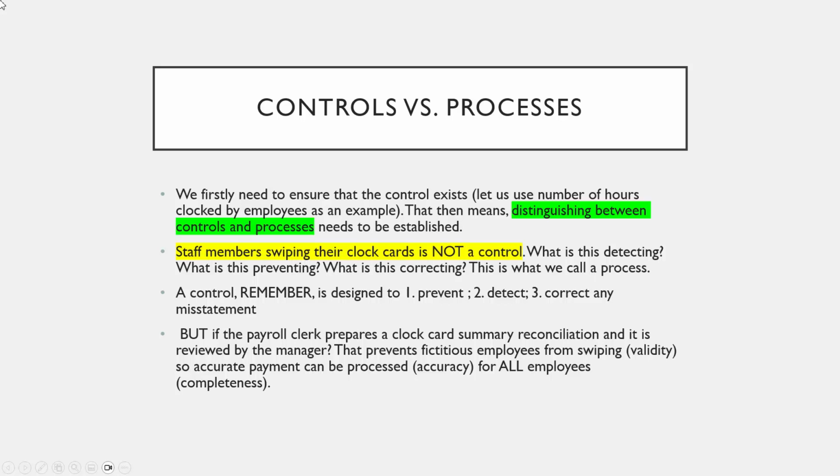So inspect logs for the entire financial period to ensure that accurate payment has been processed and all employees who have read access to the payroll master file have not modified any data. And where do we check if data has been modified? This is something called the master file amendment form. This master file amendment form shows that payroll, okay, fine, so-and-so got a pay increase of 200%.